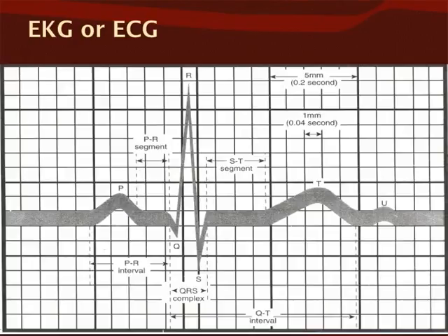This is an example of EKG paper. It's enlarged so that you can see where the small boxes are, what would be considered a large box. You see the ECG waveform, the P, the PR interval, the QRS complex, the ST segment, as well as the T wave. You can ignore the U wave at this particular time.